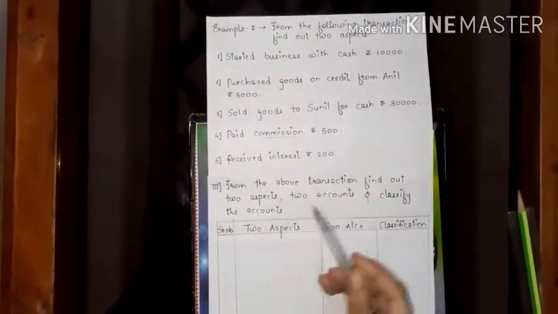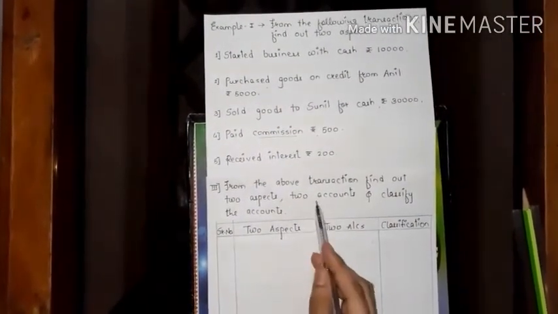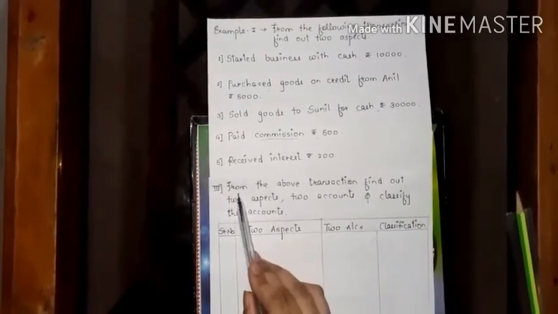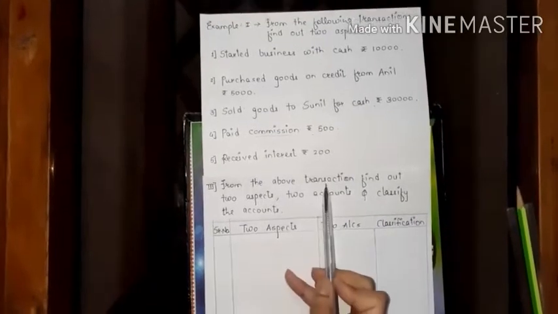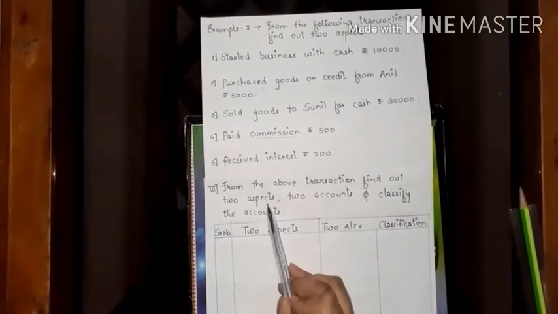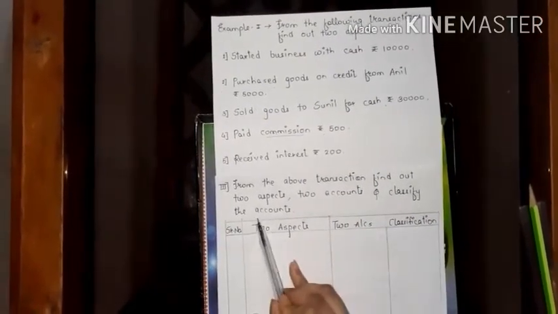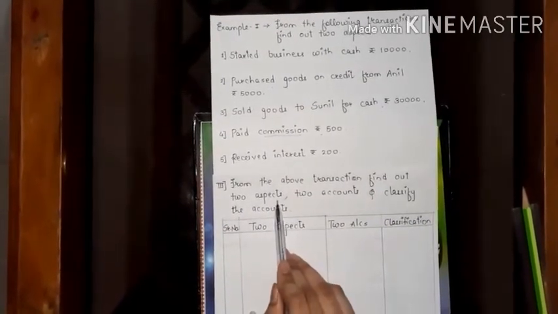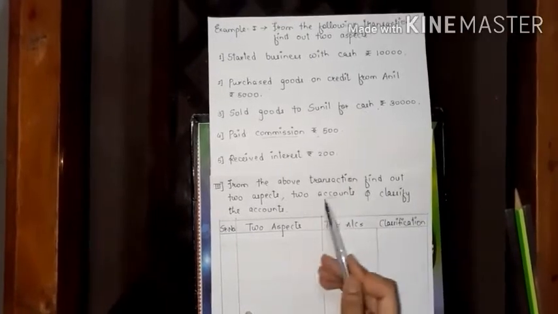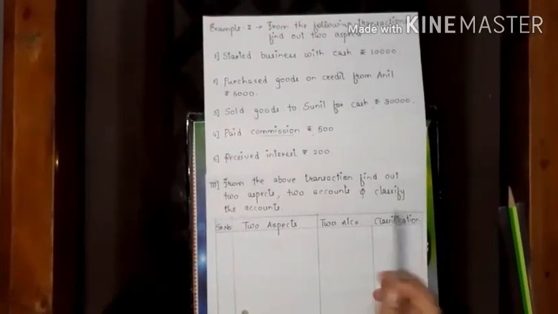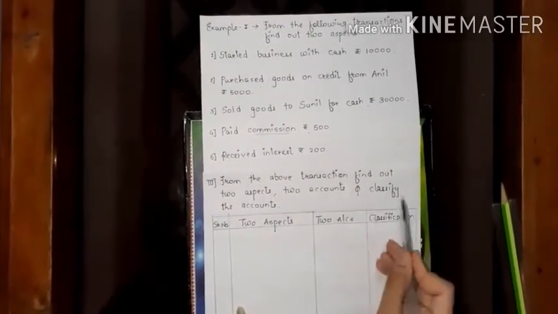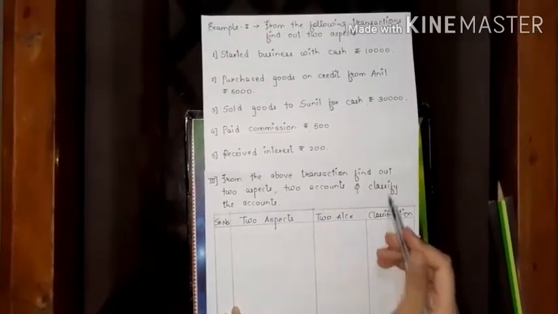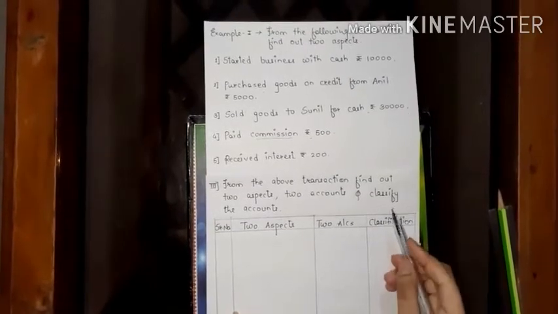Now the same transactions but another question. Now third question we are starting. So what it is, let's see. From the above transaction, find out two aspects, two accounts and classify the accounts. We have already found out two aspects, two accounts in our previous thing. So now we have to just find out, classify the accounts. Means we have to classify it according to its rules.